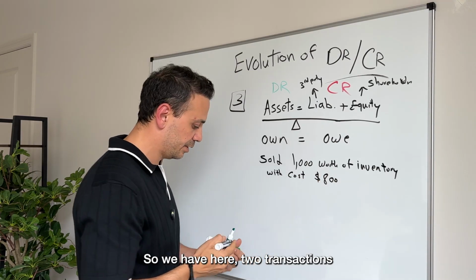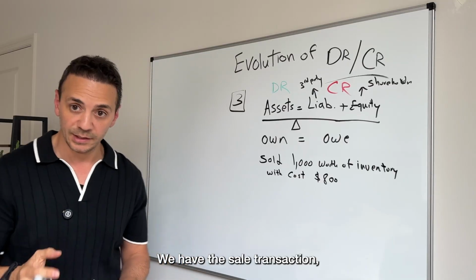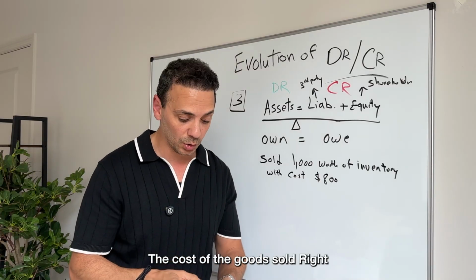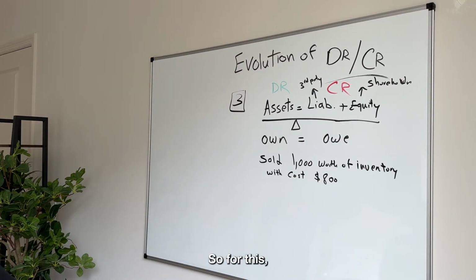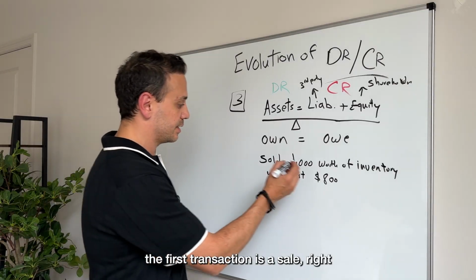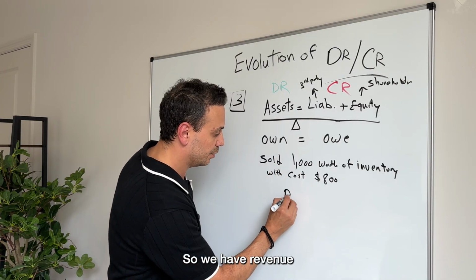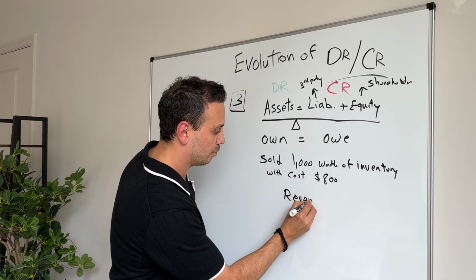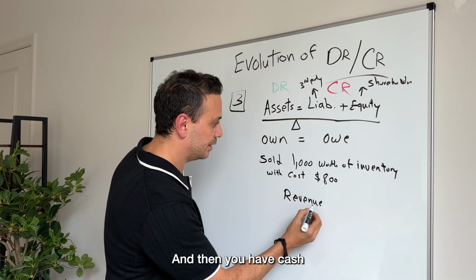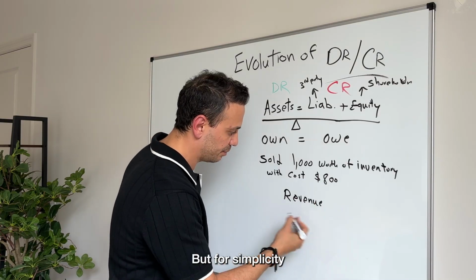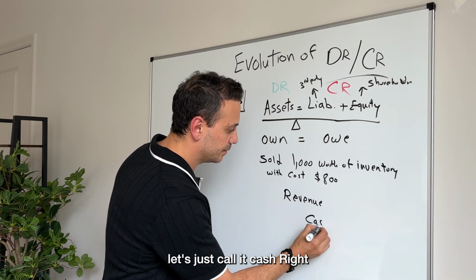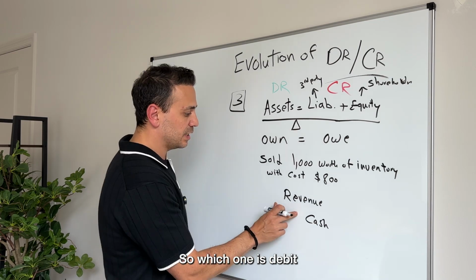Okay, so we have here two transactions. We have the sale transaction and then we have the cost of goods sold, right? So for this, the first transaction is a sale, right? So you have revenue, right? And then you have cash or accounts receivable. But for simplicity, let's just call it cash, right? So which one is debit and which one is credit?